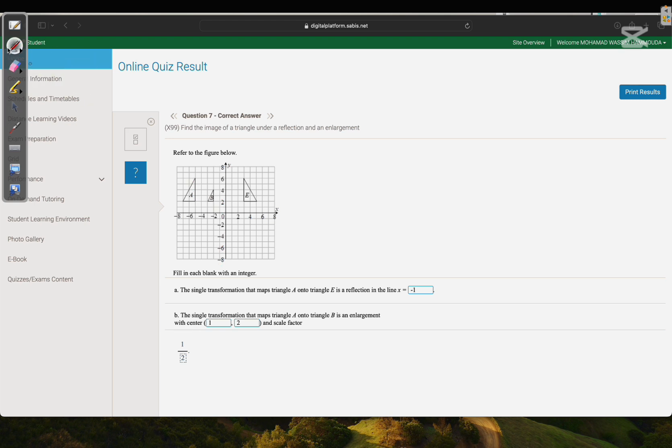So now to find the coordinates of the center, we need this rule. x final, or x prime, is equal to k, which is the scale factor, times original x, plus 1 minus k times xi. Xi in this case is the x of the center. Let's go for this point as our final and this point as our initial.